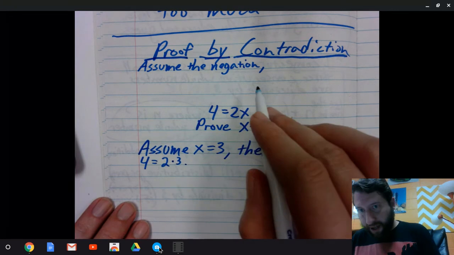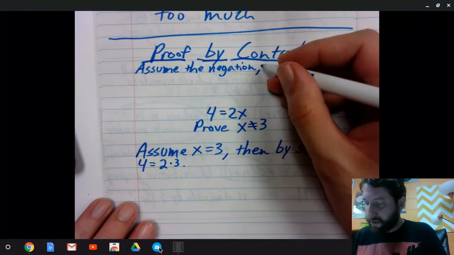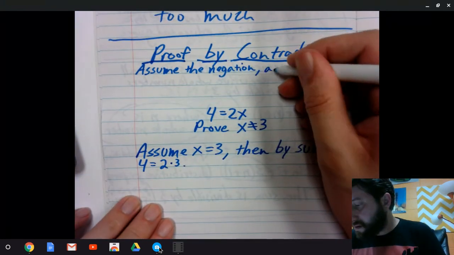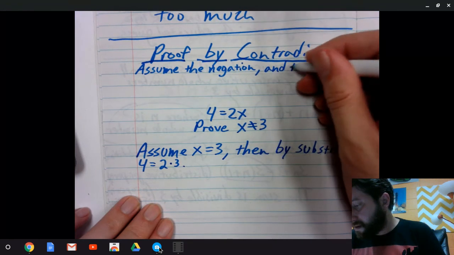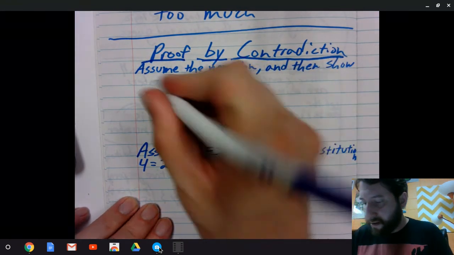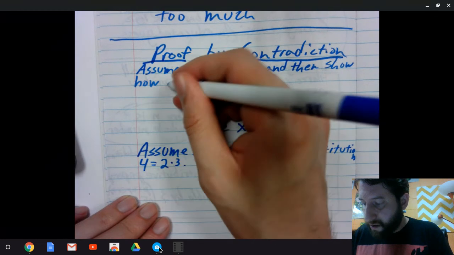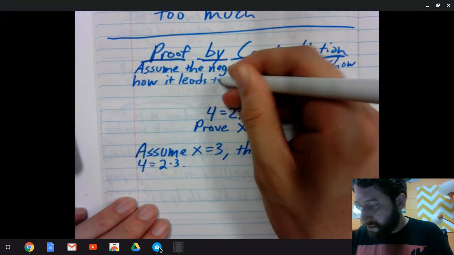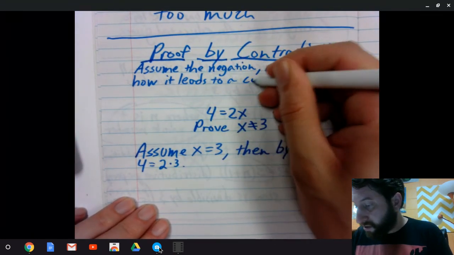So assume the negation for our definition. So assume the negation, and then show how it leads to a contradiction.